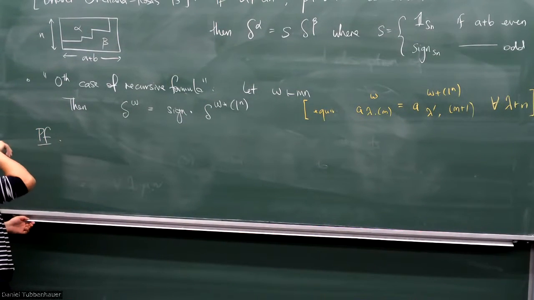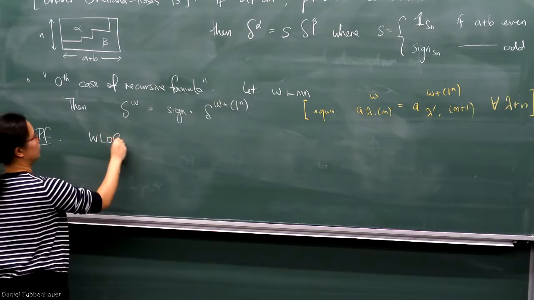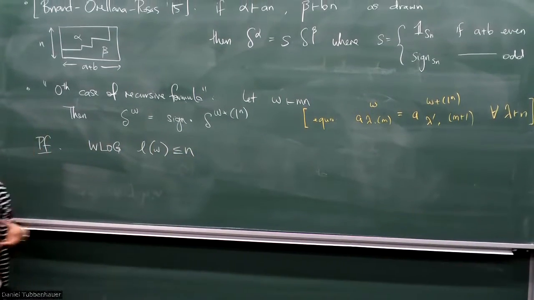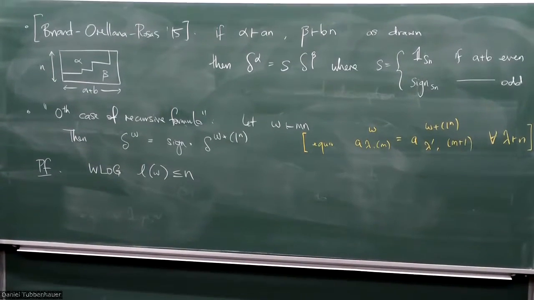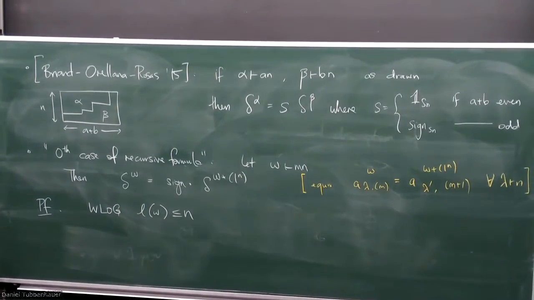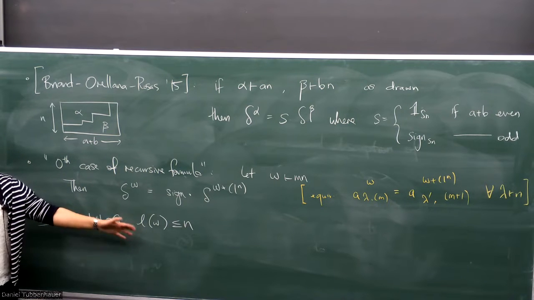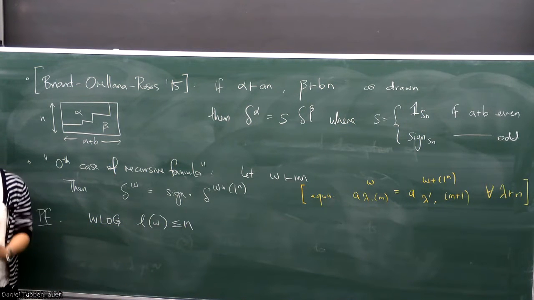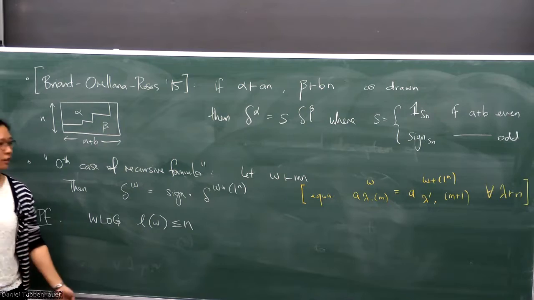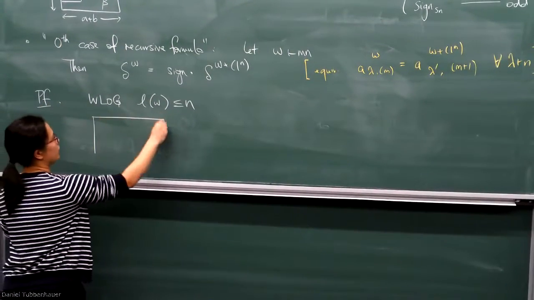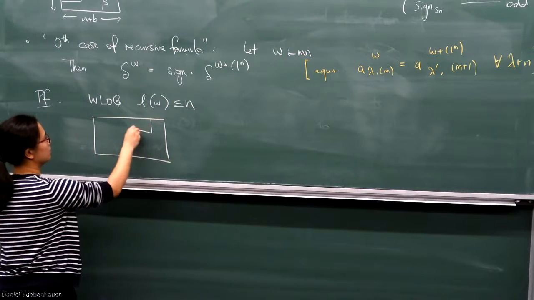So, proof. First, we could as well assume that our partition omega is not too tall. If it has more than n parts, it's quite straightforward to show that the relevant deflations are always just the zero character. But assuming that omega has at most n parts, then it fits inside a rectangle of height n. So we can draw a picture like this.